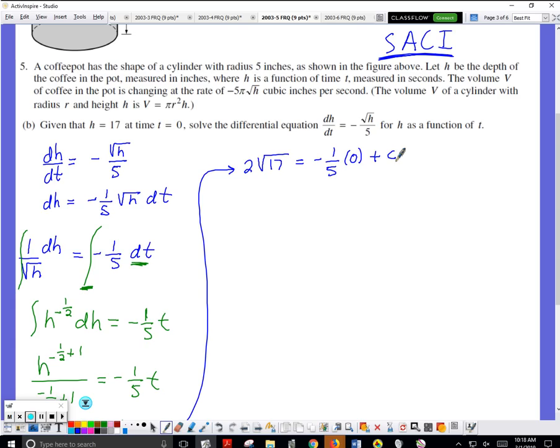So that means c is equal to 2 root 17. That gives me 2 more points. Finding the constant is the most valuable part of the process. It's the easiest and the quickest way to get points.